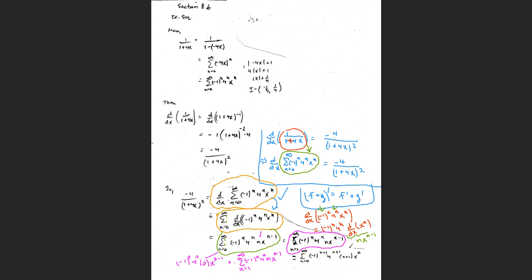So what I'm saying is that for that series, you can write the first term, that's when n equals 0, plus the remaining part of the series starting at n equals 1. But what's the first term equal to?